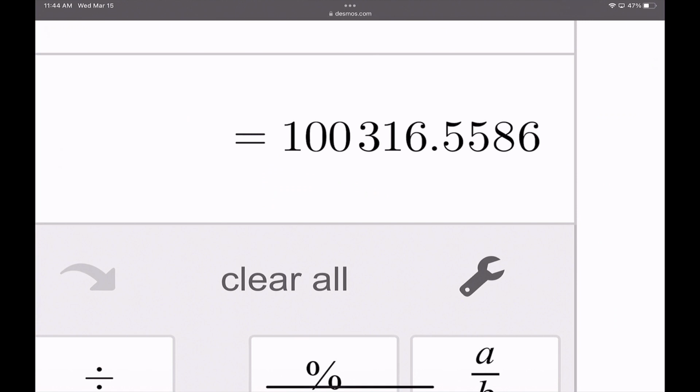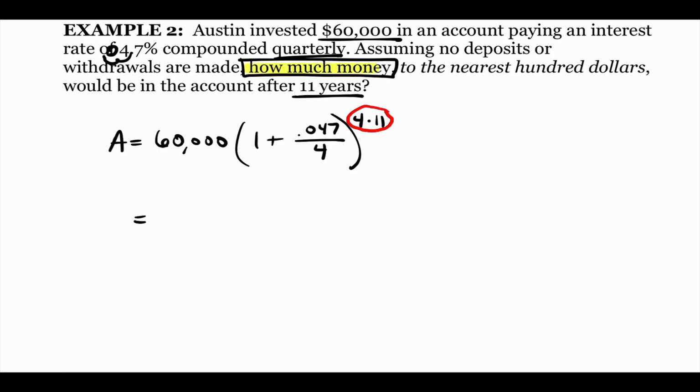So we look behind 3. It's a 1. A 1 says we stay where we're at. So that becomes a 3. What happens to everything behind the 3? Becomes a 0. So it becomes 100,300. Everything behind the 3 just turns into a 0.